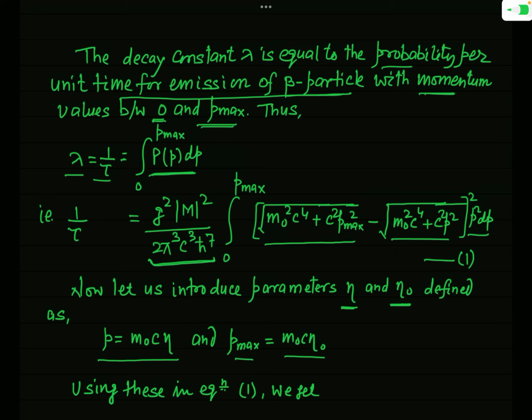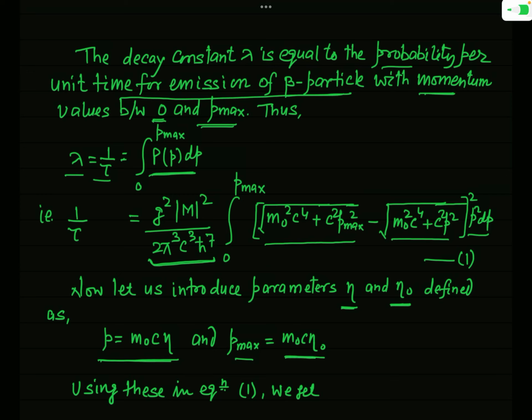It means eta and eta naught are the factors by which you can determine the momentum of the ejected or emitted electron or beta particle. So see here, this is just an arbitrary definition. It has been defined like this to evaluate this integral.